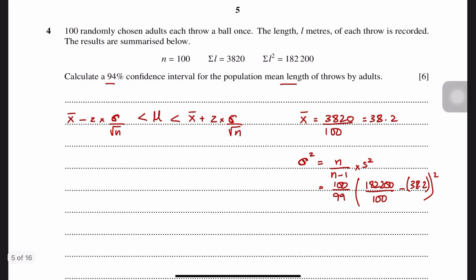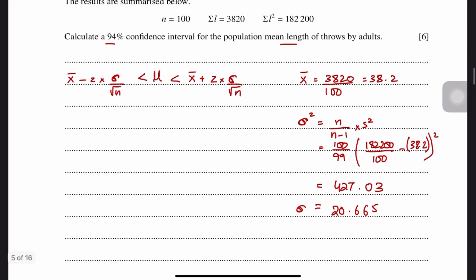Okay, putting this entire thing on a calculator, what I'm getting is 427.03. So sigma is then the root of that, which is 20.665.